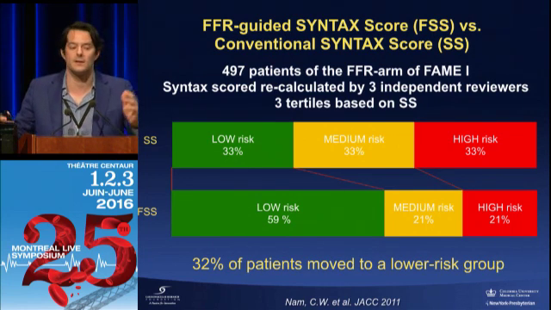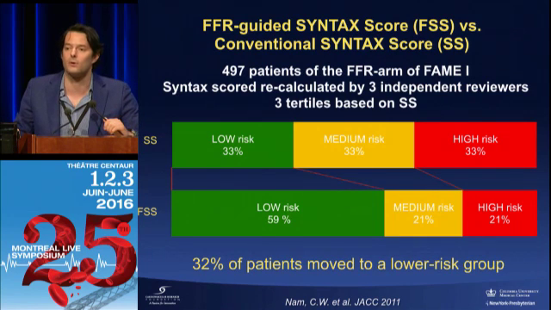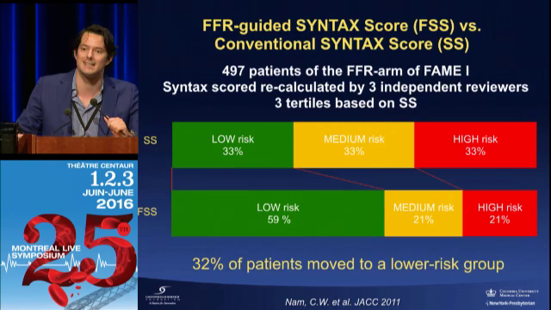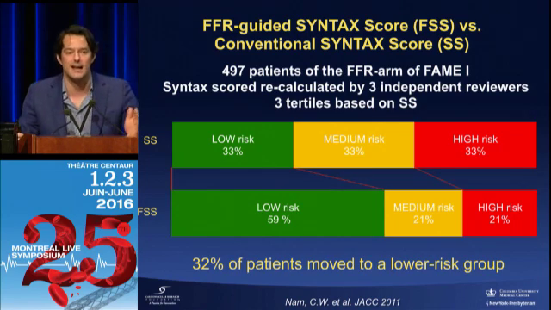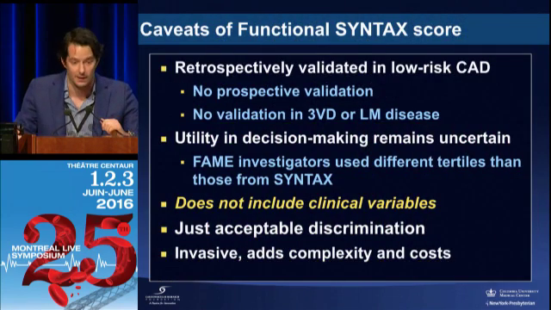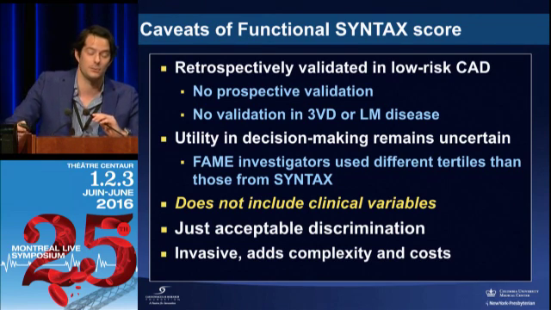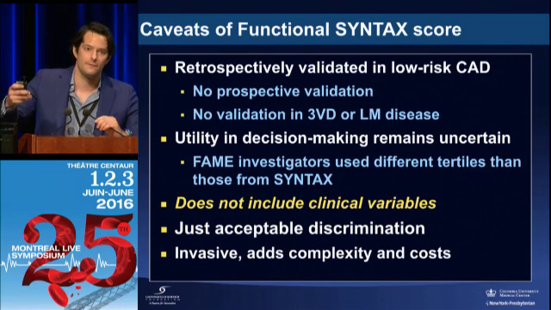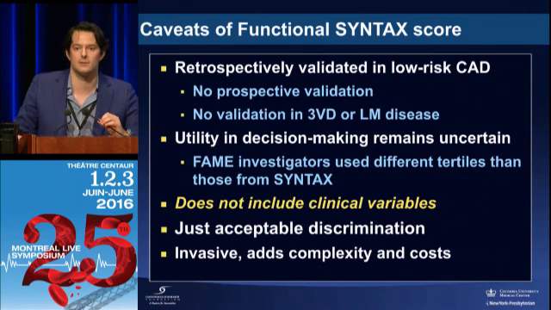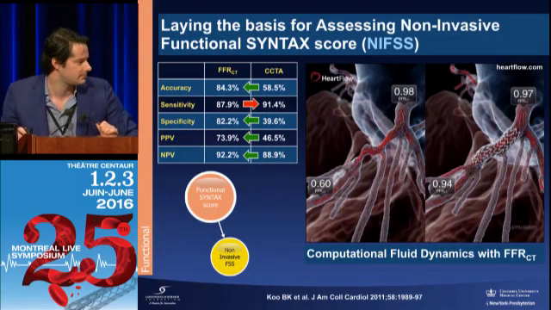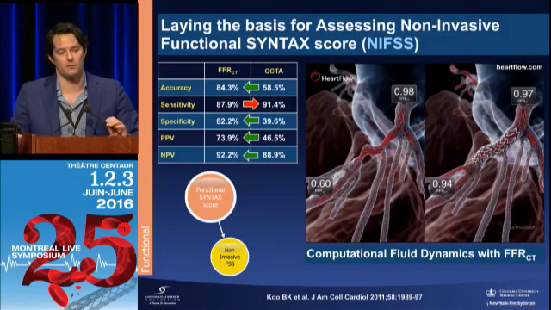So 30% of the patients moved to a lower risk category, which is extremely important, reinforcing the fact that if you do the SYNTAX score, you should only score the lesions that you think give ischemia. Of course, there's some caveat of the functional SYNTAX score, as it does not include clinical variables, but I'm sure we're going to have a functional SYNTAX score 2 coming soon, but that's probably the last step, hopefully.